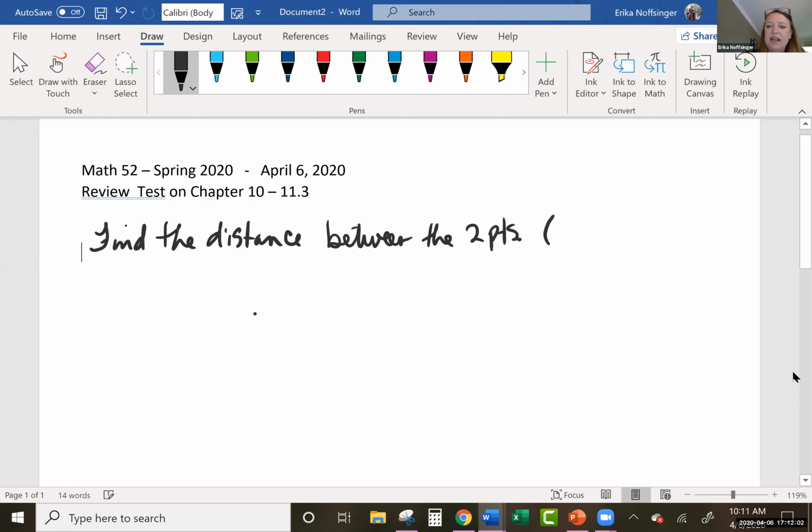And we're given that the first point is 0, and that was the x value, and the y value is 2 square root of 3. That's the first point. Second point, the x value is -3 square root of 5, and the y value is 0.